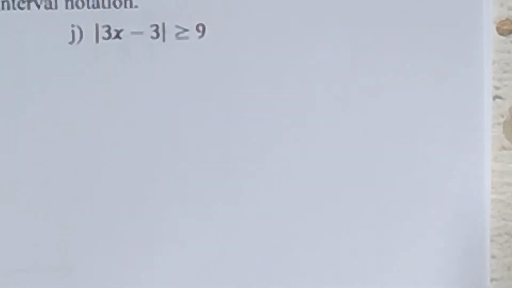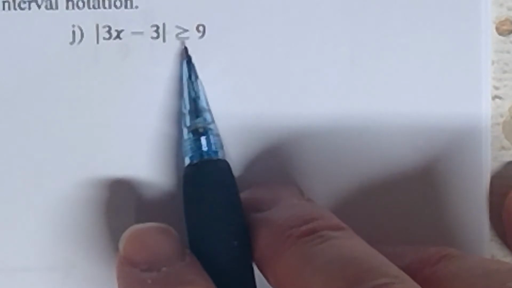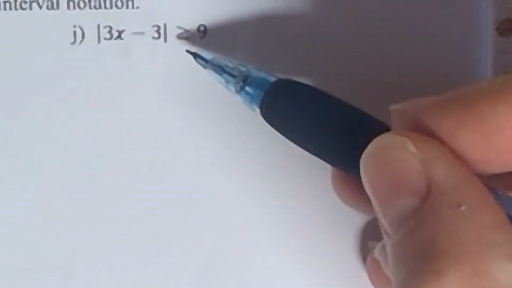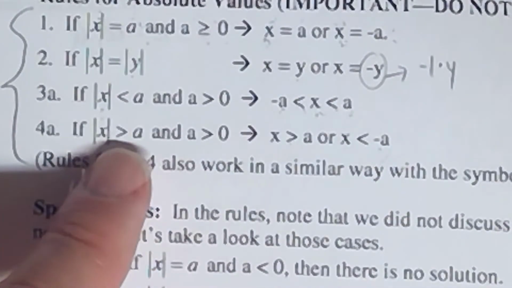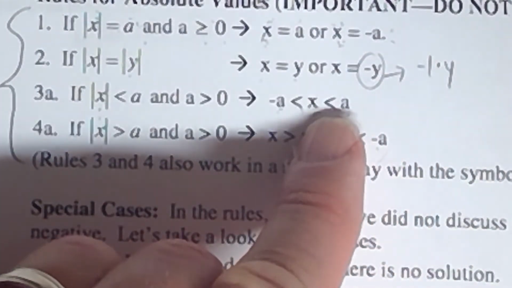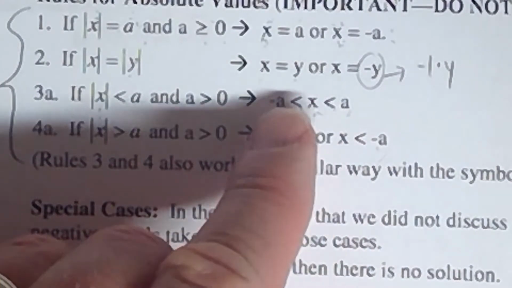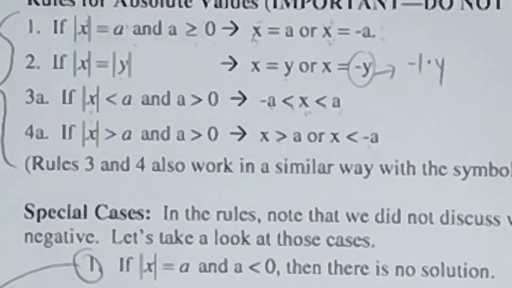Don't worry. But what I do want to point out here is that now the absolute value is greater than or equal to, same idea. Whether it's got alligator feet or not, when it's greater than, you use rule number 4, okay? Rule number 4 right here, where instead of the alligator wanting to eat the bigger number and not the smaller number, it actually is going to do the opposite.